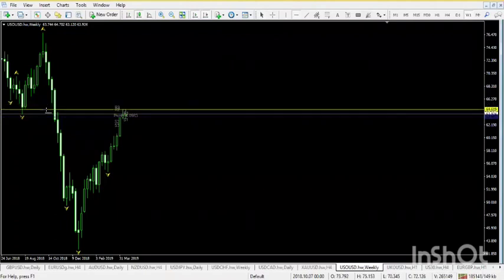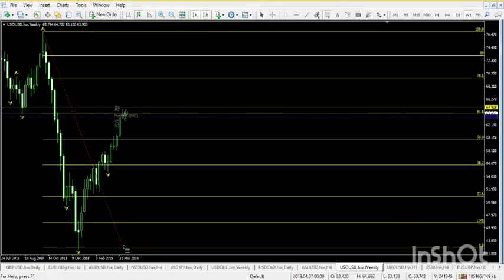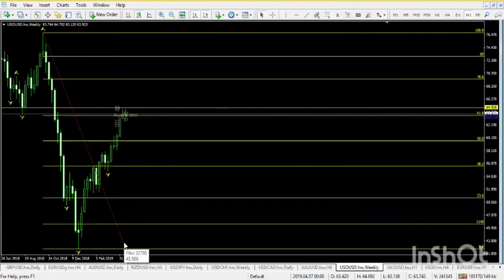So this is an open close pivot there, and it's also your 61 level. So we can say it's going to go up. You see, I didn't pay attention to this yesterday, and after 2 or 3 hours of my analysis, I realized that we have an open close pivot there, and it's also the 61 level of Fibonacci.